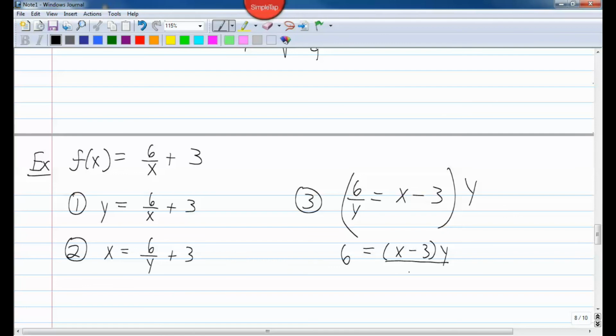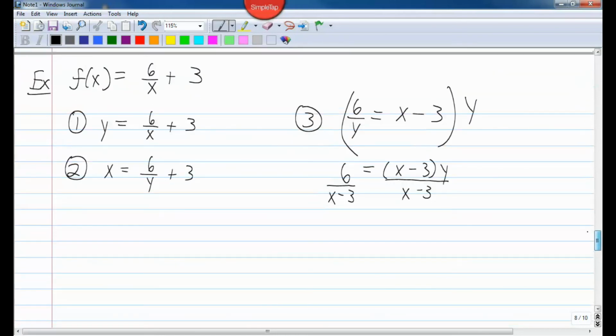So divide both sides by x minus 3 to get y by itself. And you found the inverse. Y equals 6 over x minus 3. The final step, step 4, is to make this f inverse of x equals.